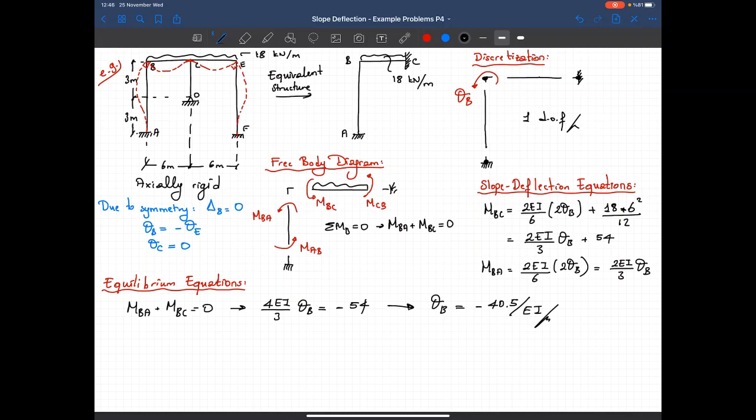And let's show it on the deformed shape. This rotation is in the clockwise direction, right? It's equal to 40.5 over EI, and this rotation here is in the counterclockwise direction, but it has the same magnitude, 40.5 over EI.